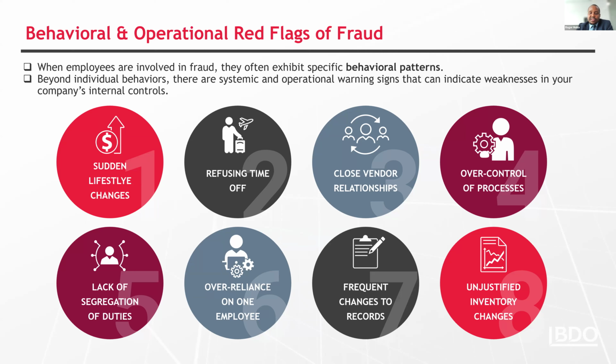This need for control is usually driven by the fear, again, that someone might notice the discrepancies or uncover the fraudulent activity. So if you find that someone is refusing to cross-train others, and they insist on being the only person with access to key systems, however small or large, or they constantly block others from accessing certain information, this could be a sign of fraud.